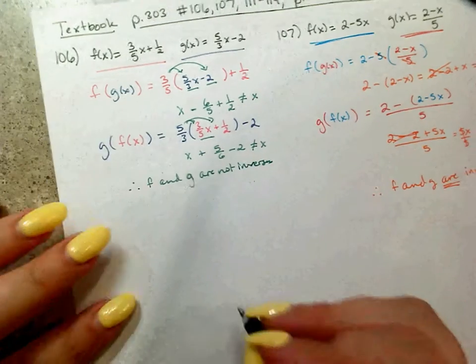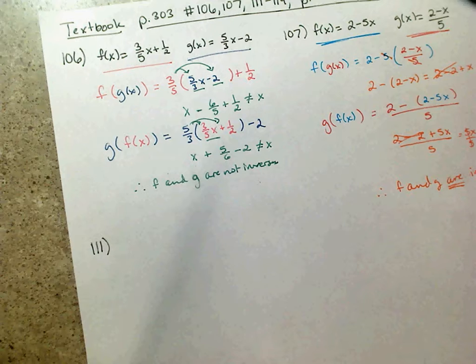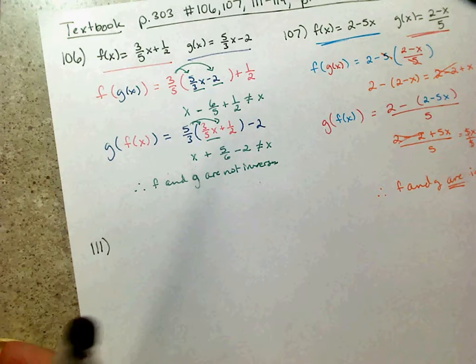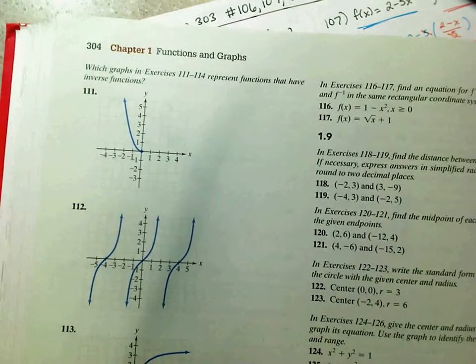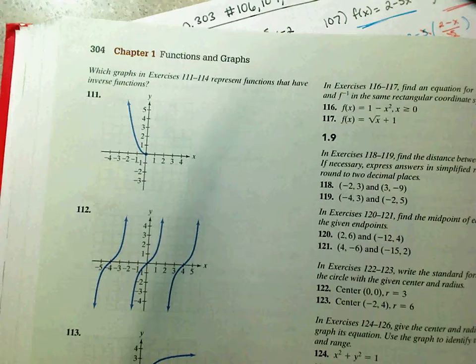111. So 111 says, which graphs in exercises 111 through 114 represent functions that have inverse functions. Okay, so I'm going to sketch these functions on my paper and then go from there.